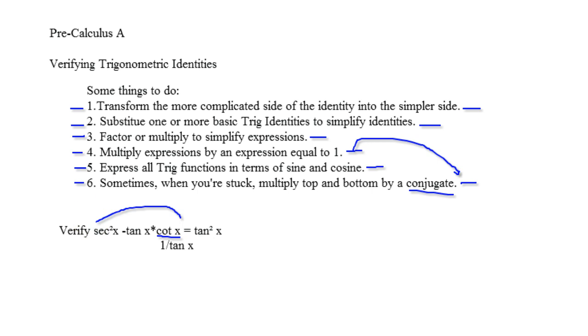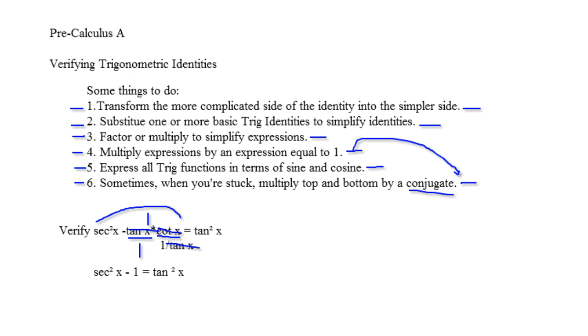Okay, well if that's tangent of x and this is tangent of x over 1 and it's multiplied, when you simplify, tangent of x over 1 times 1 over tangent x is just going to simplify to a big fat 1. So now this whole left side becomes secant squared x minus 1 equals tangent squared x.